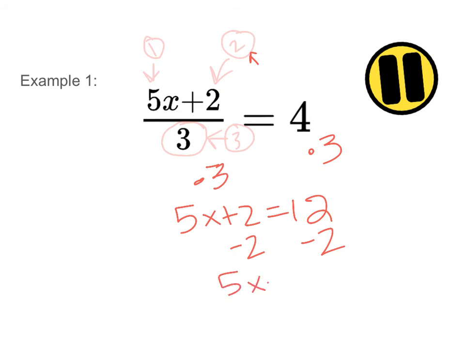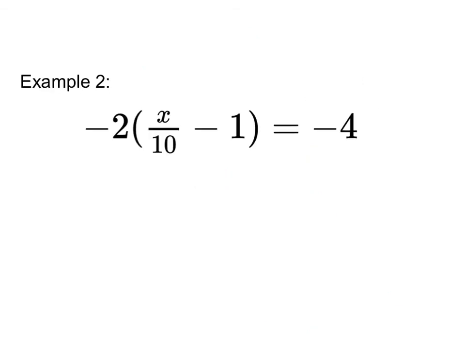That'll give me 5x equals 10. Then my last step will divide by 5 and get x equals 2. All right, next example, pause and try this one.